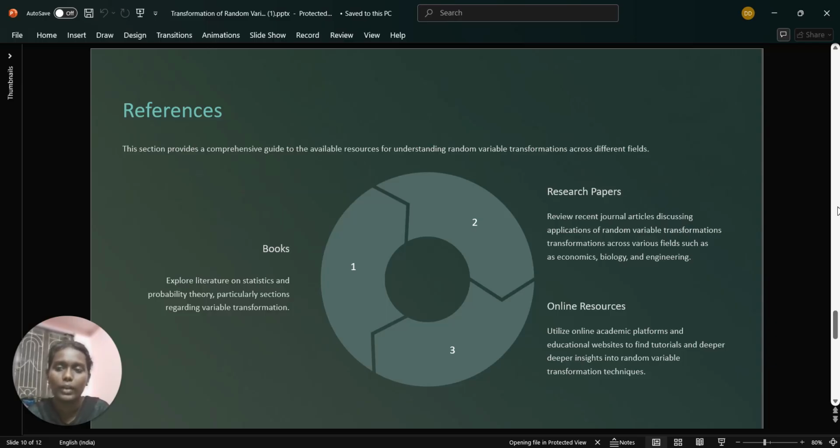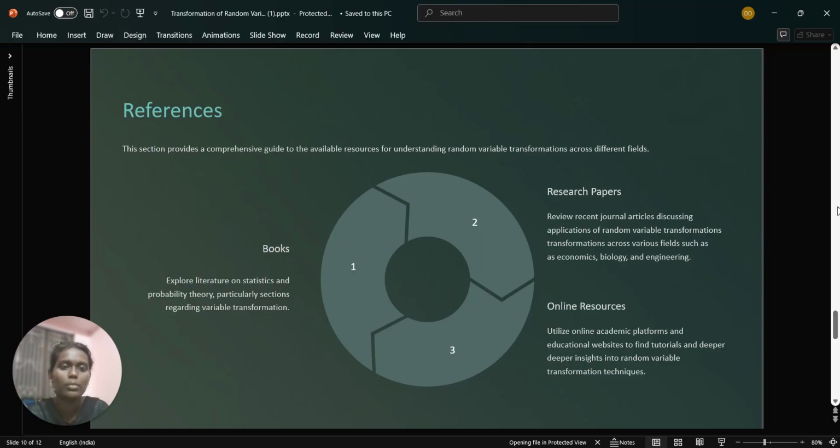We can go further into this topic by taking some references, which provide a comprehensive guide to the available resources for understanding random variable transformation across different fields. Books: explore literature on statistics and probability theory, particularly sections regarding variable transformation.